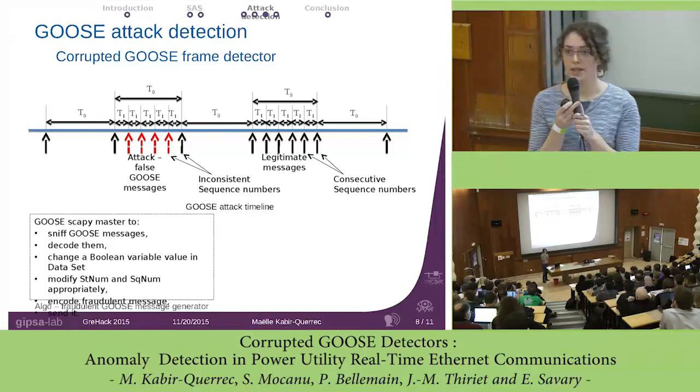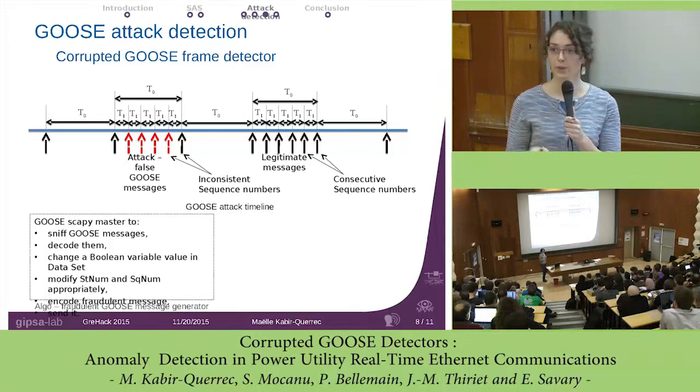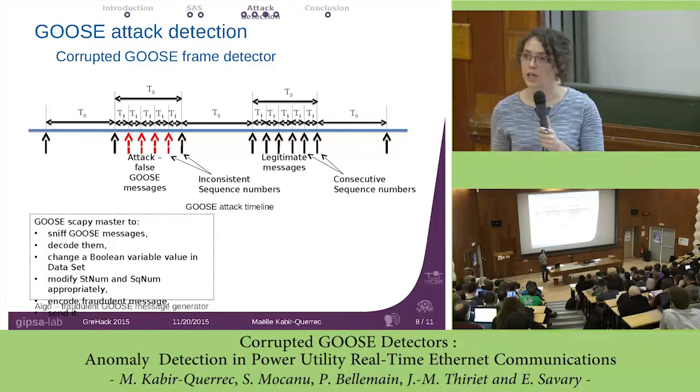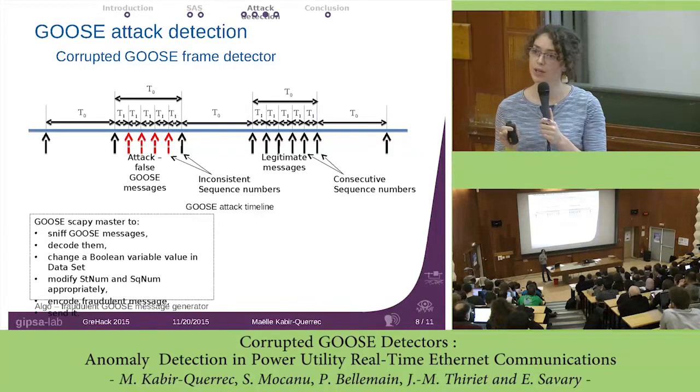Actually, we can detect that, because even if the attacker is very good and the attack is perfect, meaning he will take care of changing the counters in the PDU of the GOOSE message, that is the state number and the sequence number.